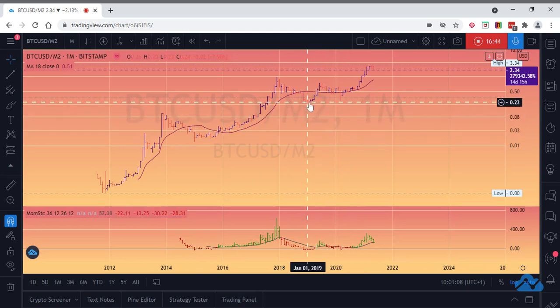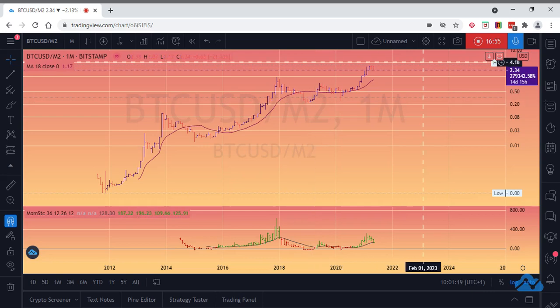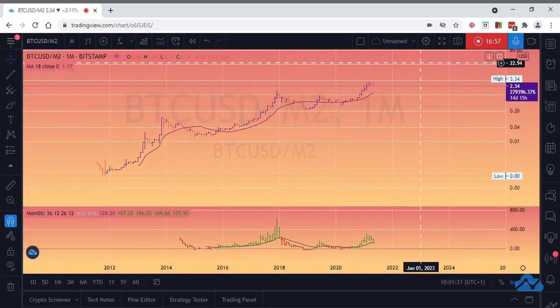Where would you call the bottom? Say even this is the bottom. 3.5 years. 2022. Next summer. Something around here.